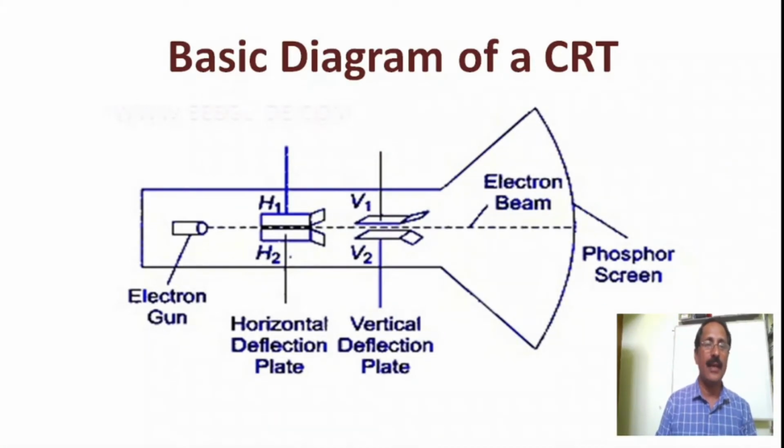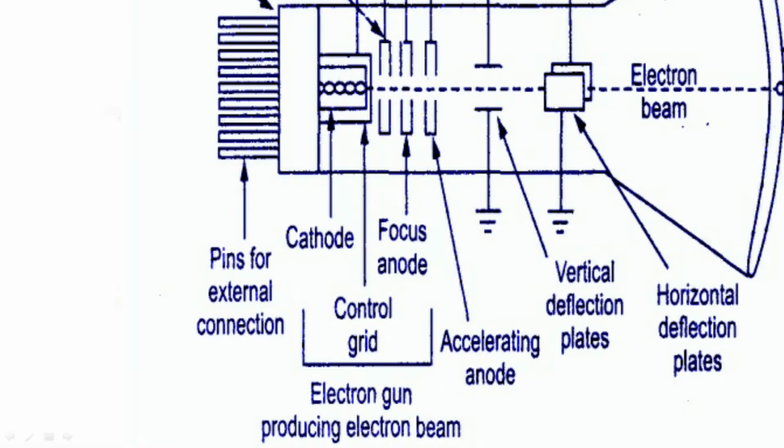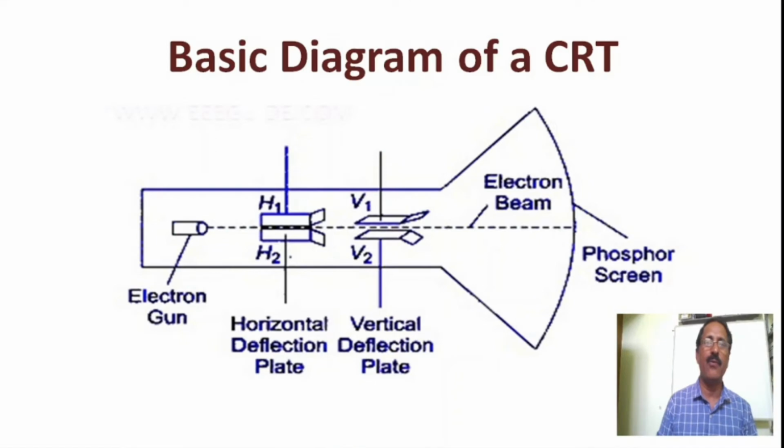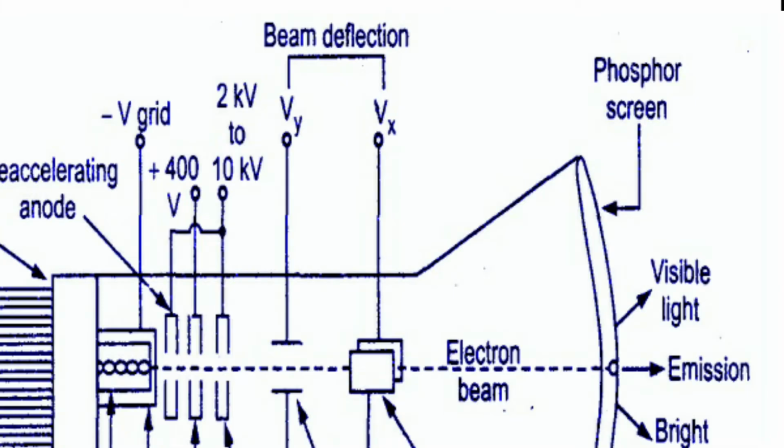First, the electron gun, which produces a sharply focused beam of electrons accelerated to a very high velocity. Second, the deflection system, which deflects the electron beam both in horizontal and vertical planes electrostatically in accordance with the waveform to be displayed. The third, main part, is the fluorescent screen.